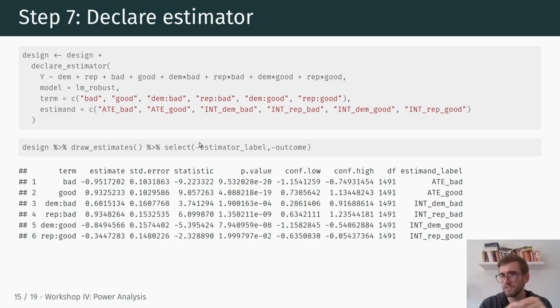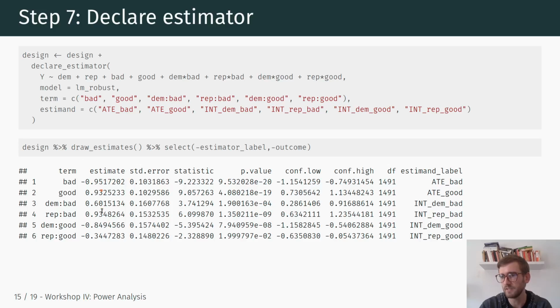Based on this, another useful step after we specified the estimator is that we can use the draw estimates command, and that basically does the same kind of procedure that we did previously. We simulate one hypothetical data set using this data generating process, and then use our estimator that we specified, and draw estimates will provide you with an overview of what these estimates look like, right?